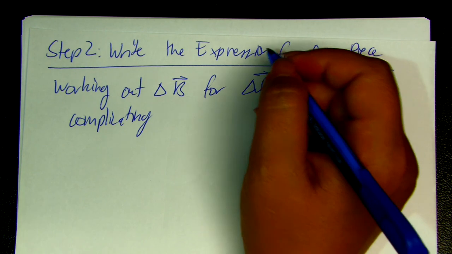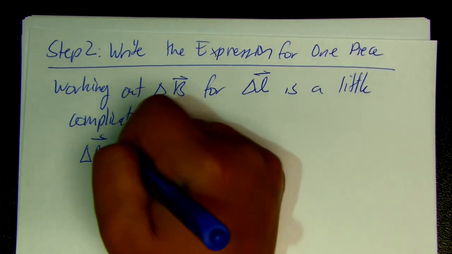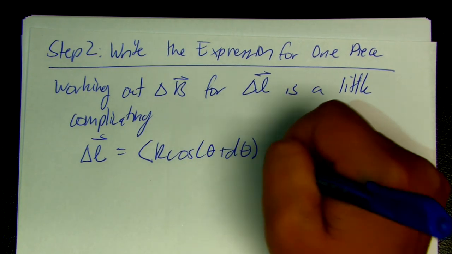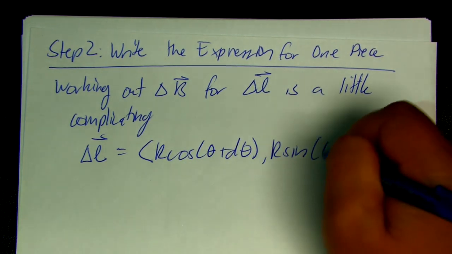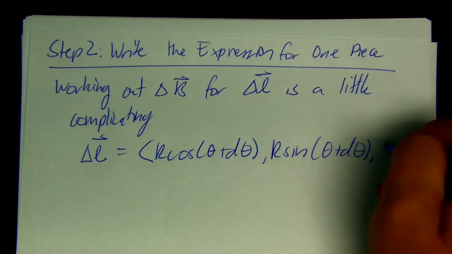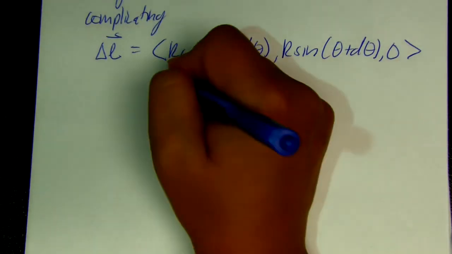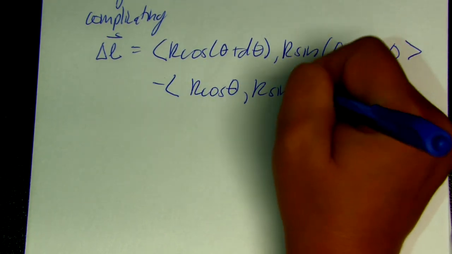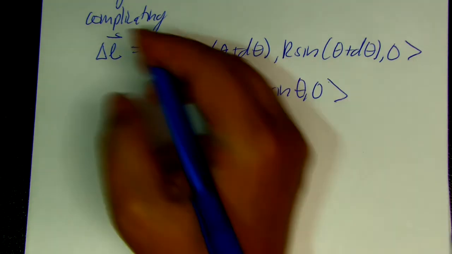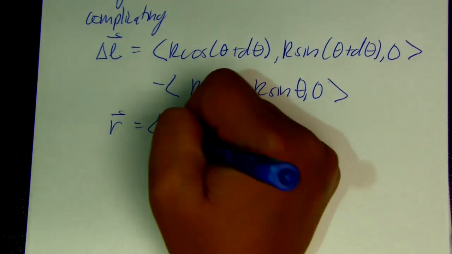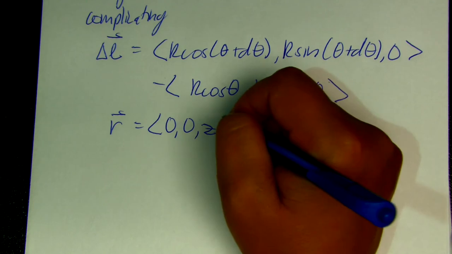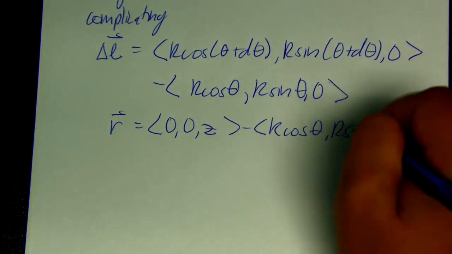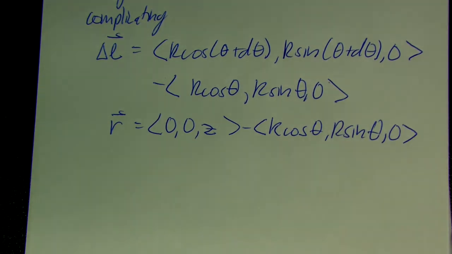Because if we were just to write it out, we would see that delta L is equal to r cosine(theta plus d theta), r sine(theta plus d theta), 0, minus r cosine theta, r sine theta, 0. And our r vector is 0, 0, z minus r cosine theta, r sine theta, 0. Yuck.